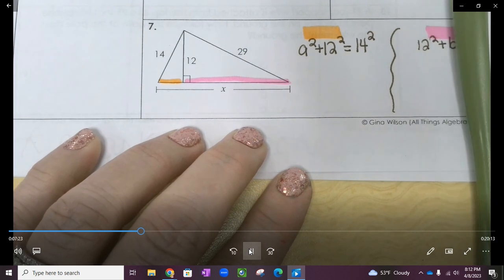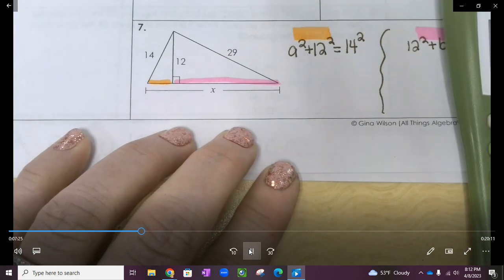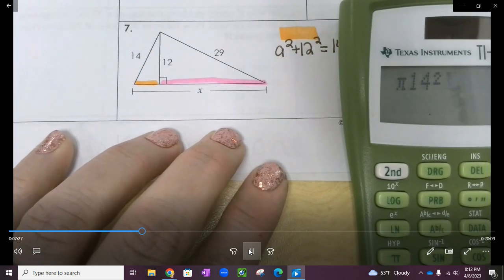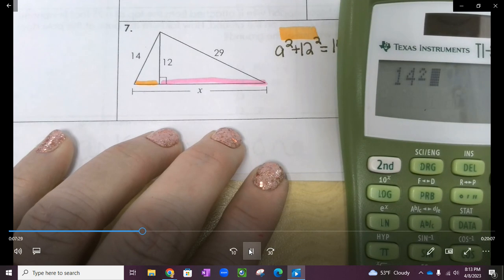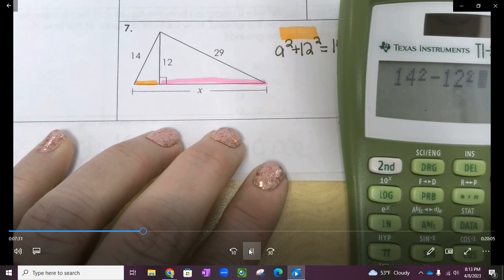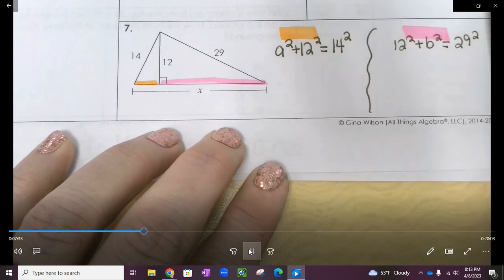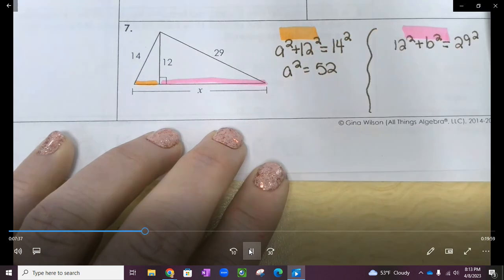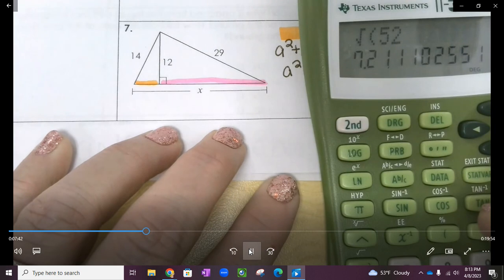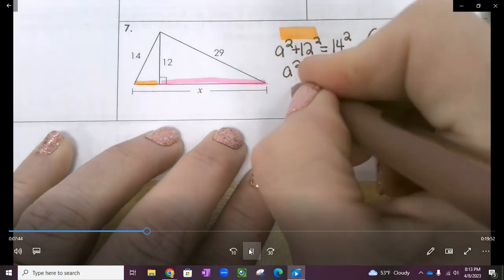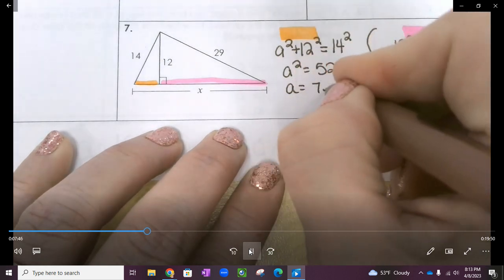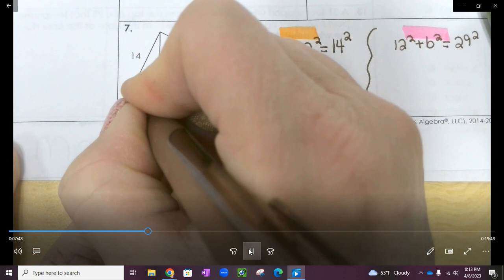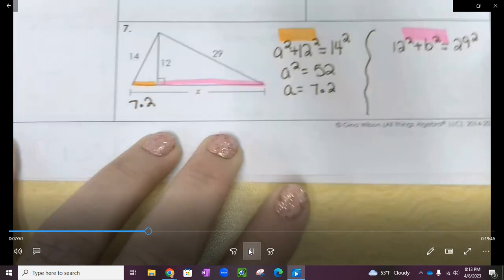Okay, I'm going to go ahead and do that for you. So 14 squared minus 12 squared, doing that little shortcut. A squared is 52. And then I'm going to square root that. I get 7.2. So that means the orange piece is 7.2.